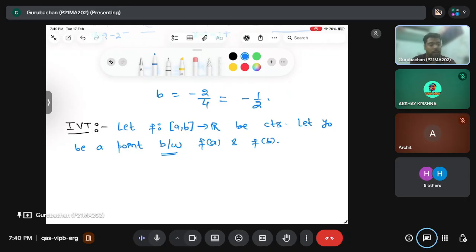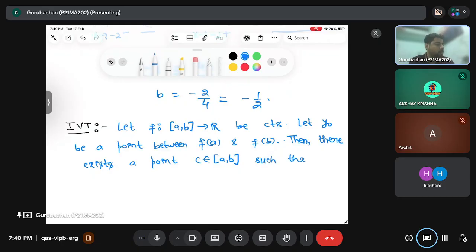Then there exists a point C in (A, B) such that f of C equals y naught.